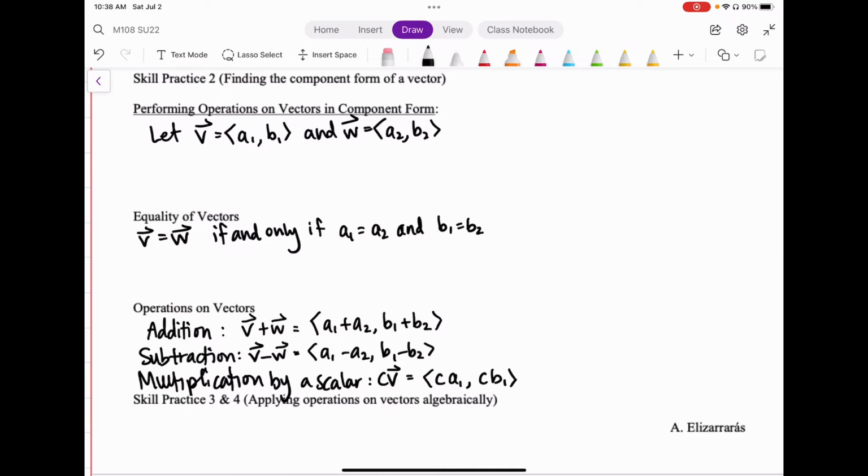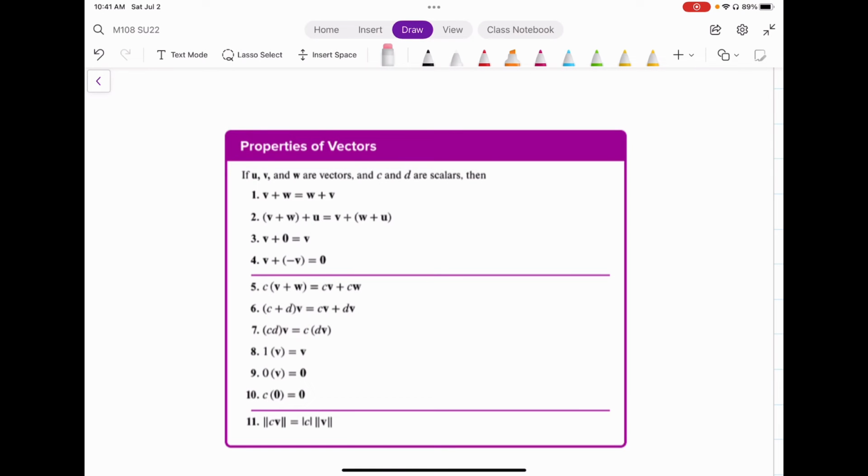And then multiplication by a scalar, you multiply the a component by the scalar and the b component by the scalar. Now, that's multiplication by a scalar, not multiplication in general. That's different. With addition and multiplication, we have some properties of vectors that we can use.